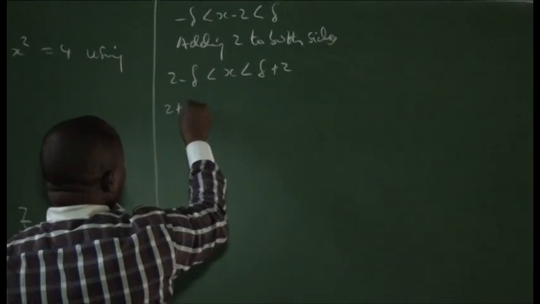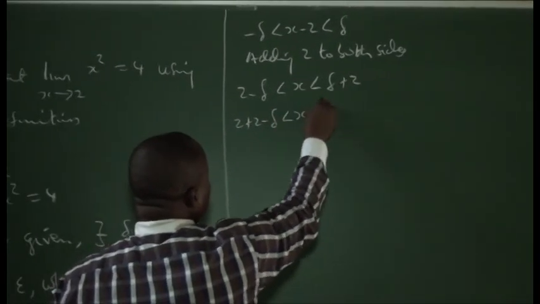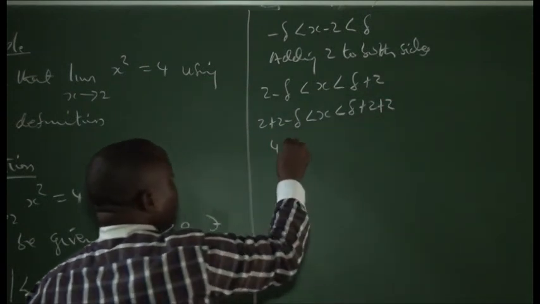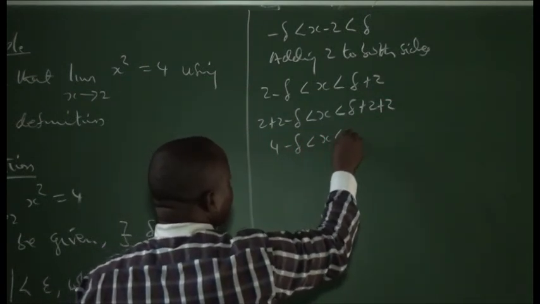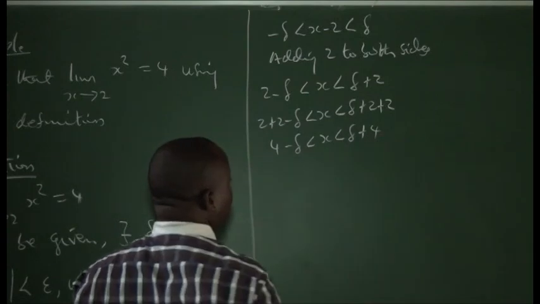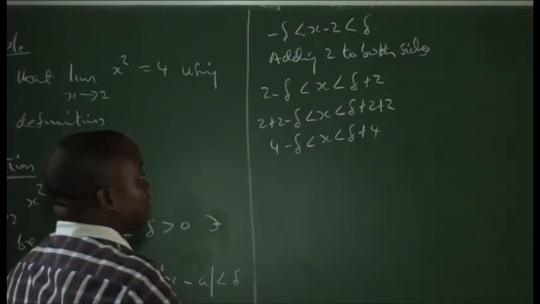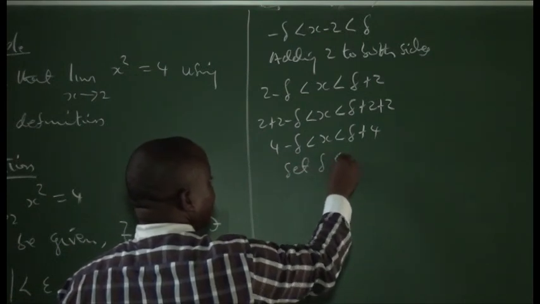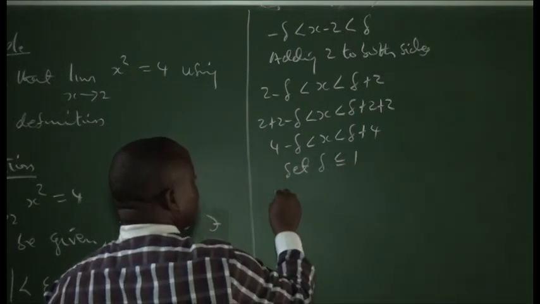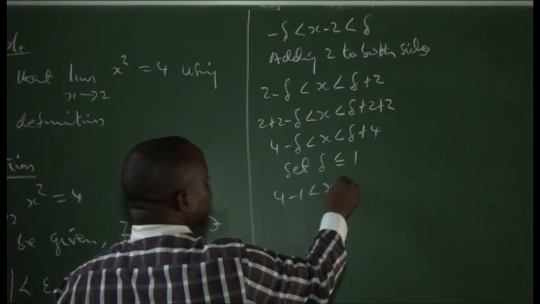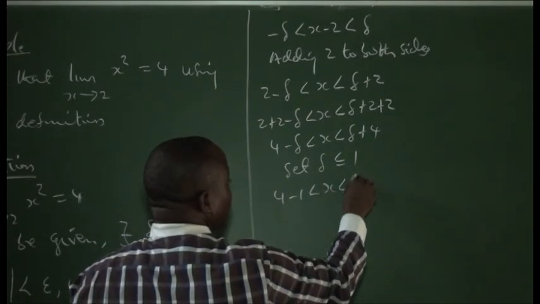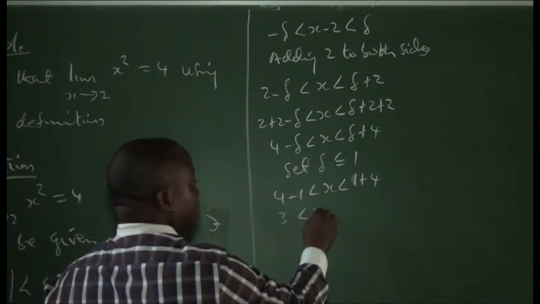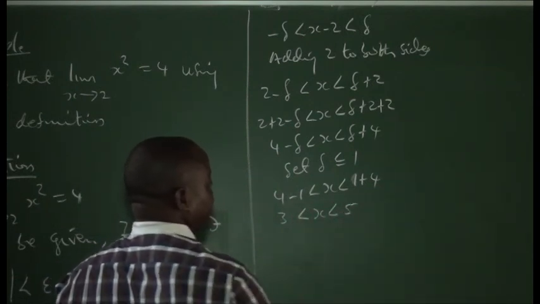I will have 2 plus 2 minus delta less than x and less than delta plus 2 plus 2, which gives me 4 minus delta is less than x and less than delta plus 4. Now I'm going to set delta less than or equal to 1, so that we'll have 4 minus 1 is less than x and less than 1 plus 4. This gives me 3 is less than x and less than 5.